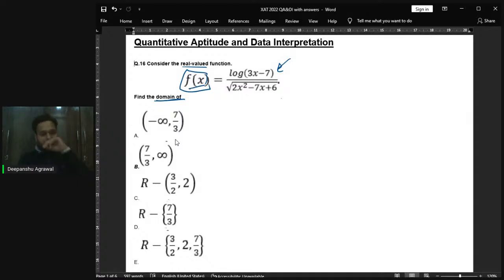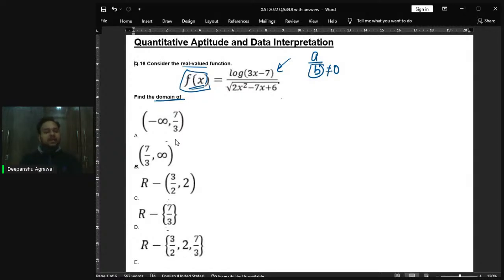For this to be a real function, you need to know two things. First of all, if there's a format of a by b, then b should not be equal to 0. For a function to be real.